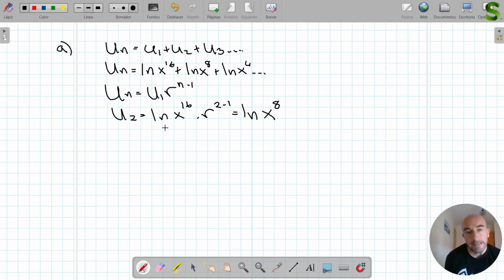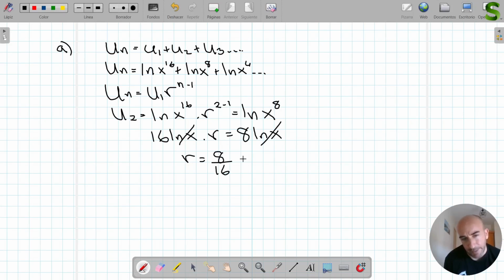Okay, so we know that logarithm of x to the power of 16 can be written as 16 logarithm of x, and 2 minus 1 is 1, so that's r, and this is 8 logarithm of x. Okay, so we can divide by logarithm of x and then leave r on its own. So that's 8 divided by 16. So that's 1/2. So the common ratio is 1/2.